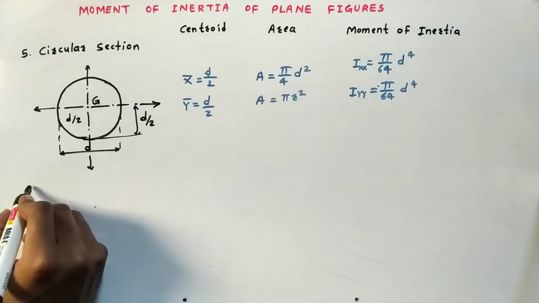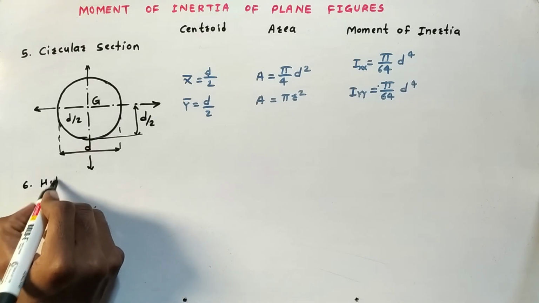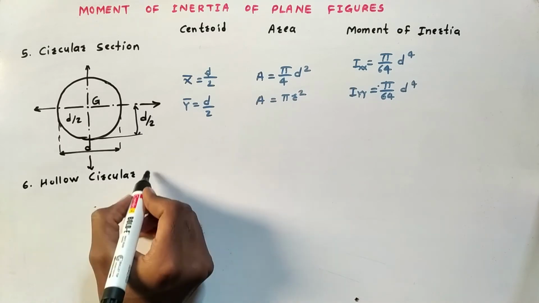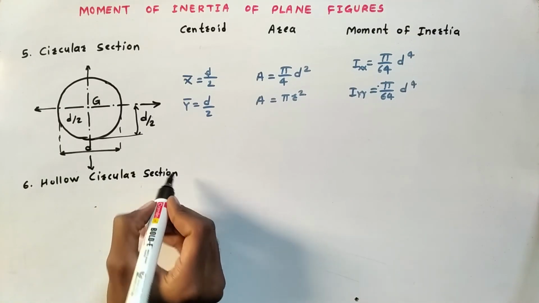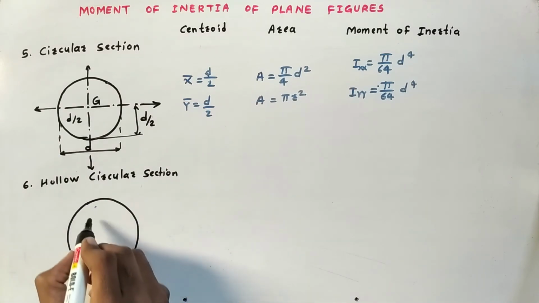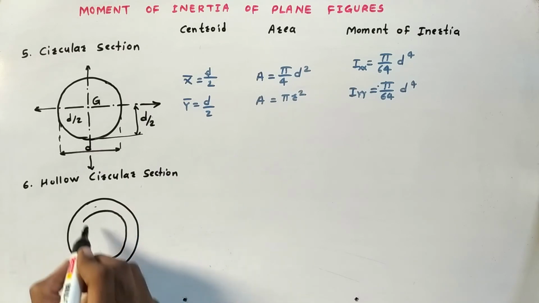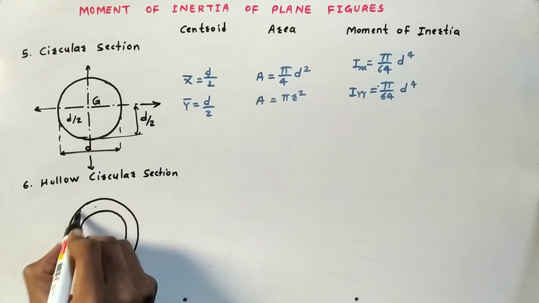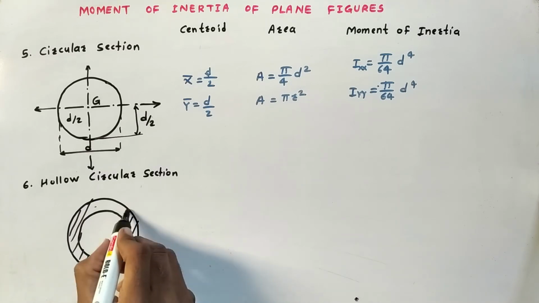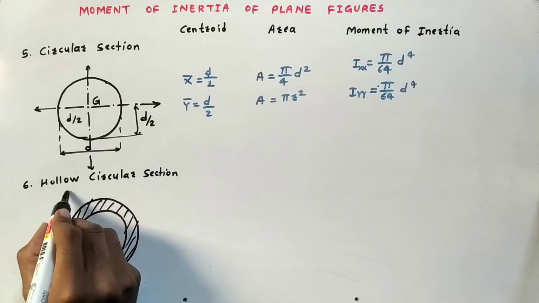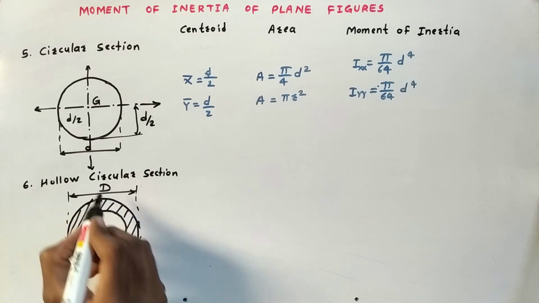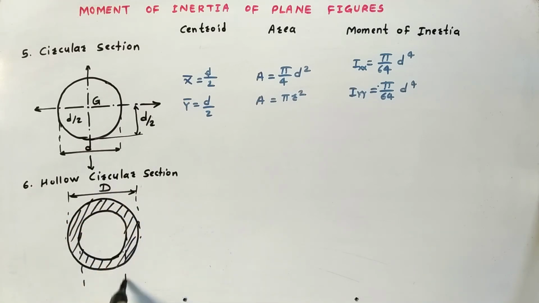Now see, the hollow circular section. So draw the hollow circular section. Now it has an outer diameter capital D and inner diameter small d.